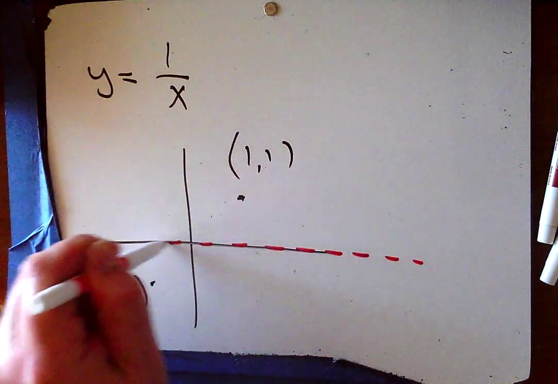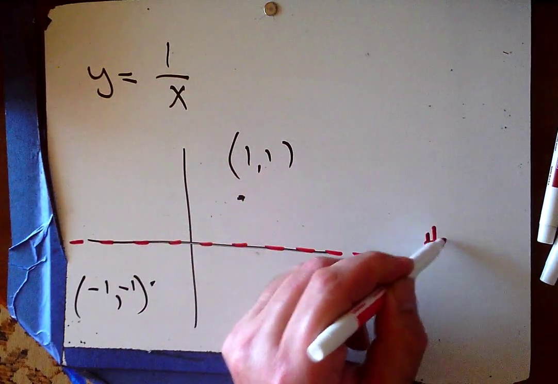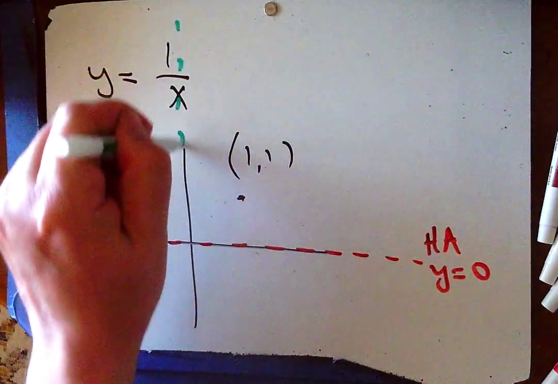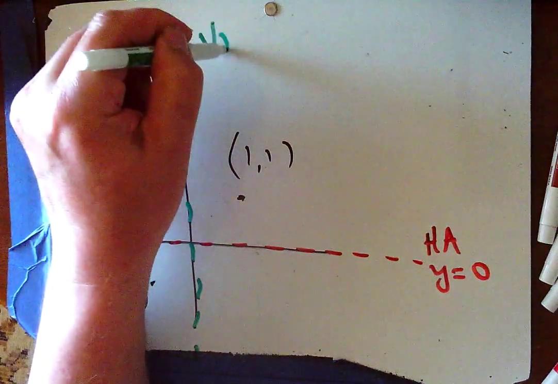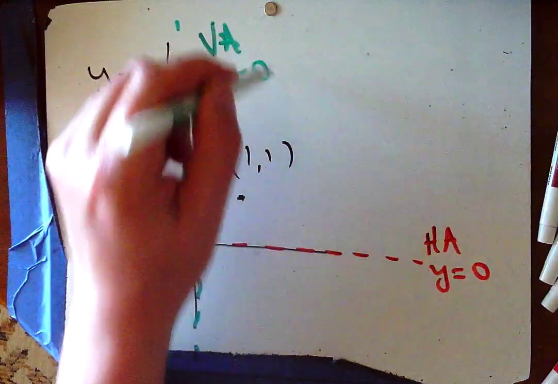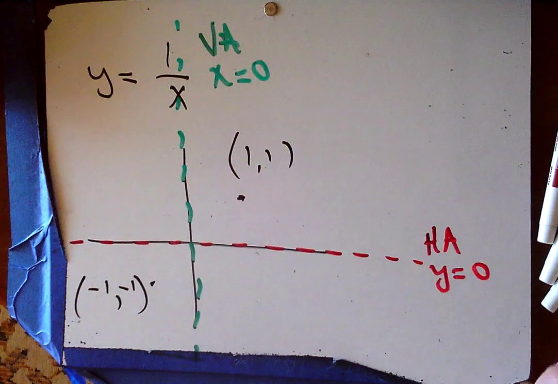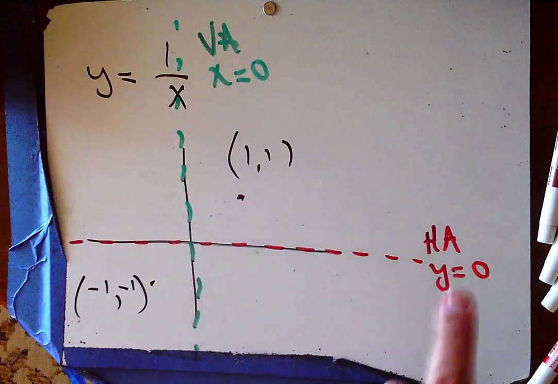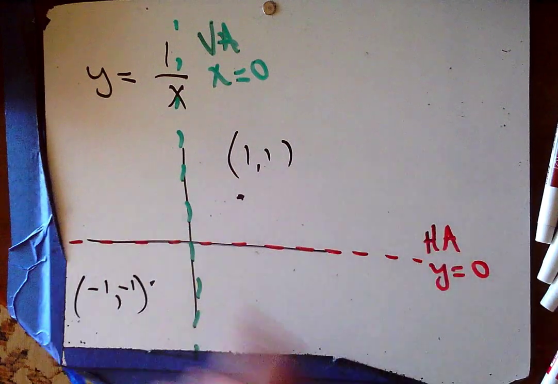It's got a horizontal asymptote, HA at y equals 0. It's got a vertical asymptote at x equals 0. Remember, we said in that earlier video that x equals a number is a vertical line, and y equals a number is a horizontal line.